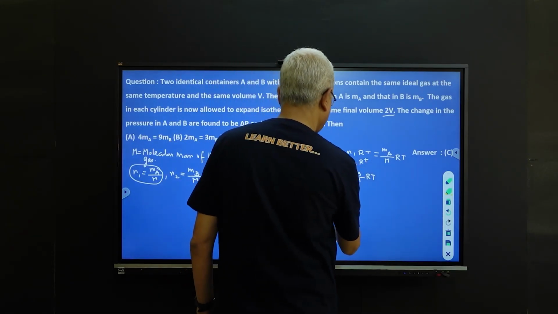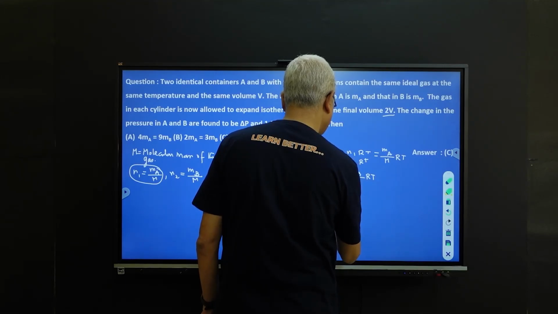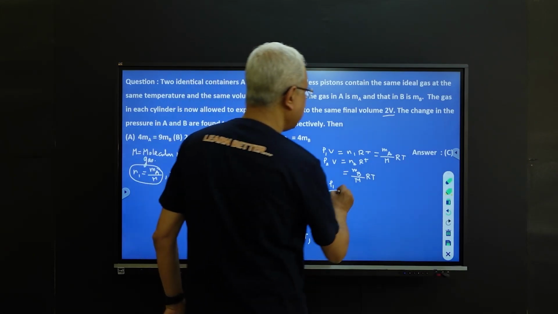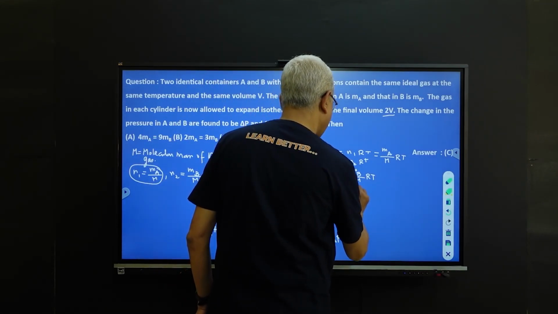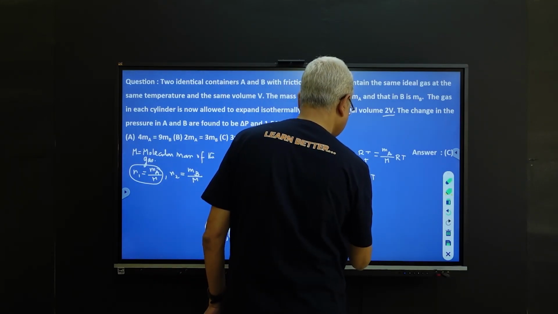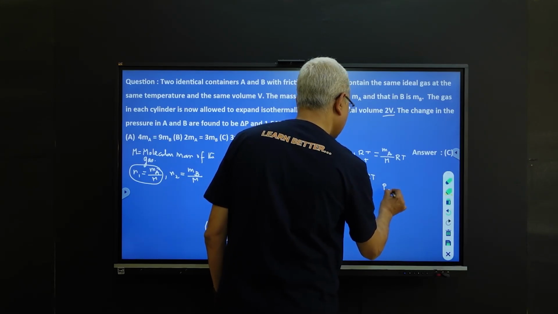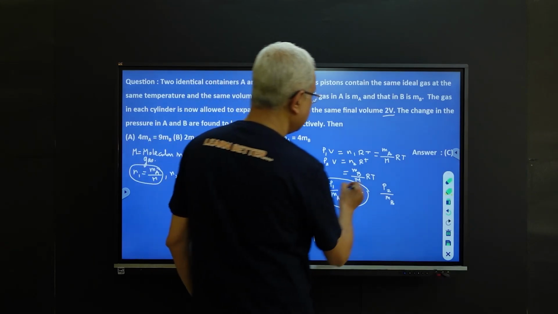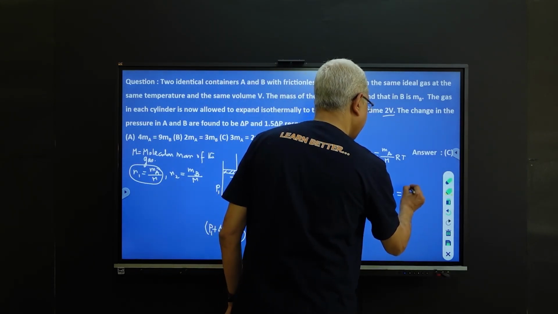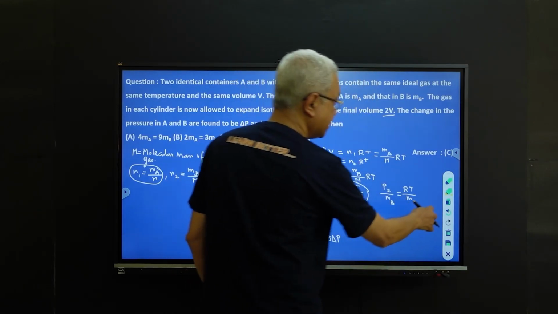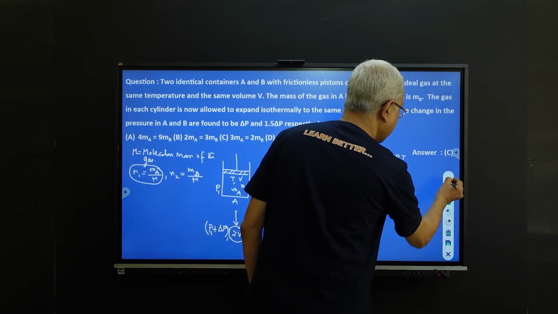So P1 by Ma is equal to RT by MV, and P2 by Mb is equal to RT by MV.